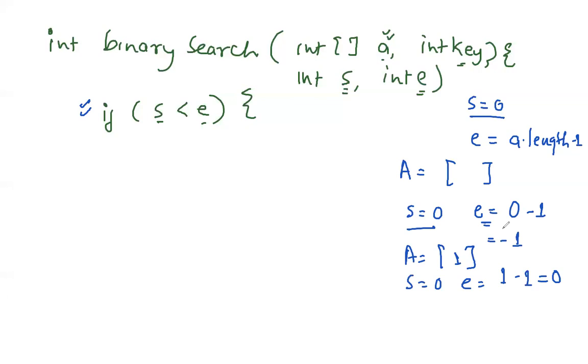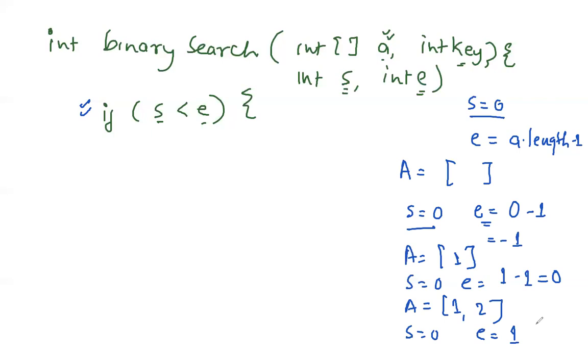It represents one element. If start is equal to end, it represents one element. If start is greater than end, it's an empty array. And let's say we take an array of two elements, then start is 0, end is 2 minus 1, which is 1. In this case, there are more than one element. If start is less than end, then there are more than one element.